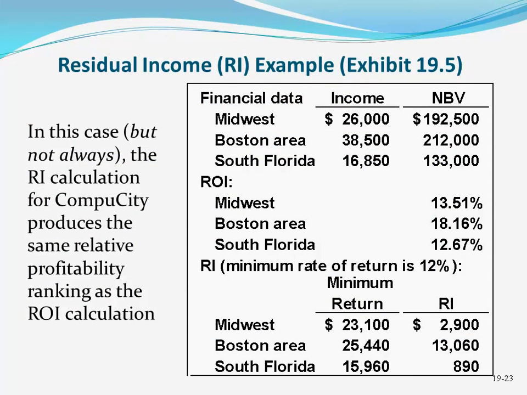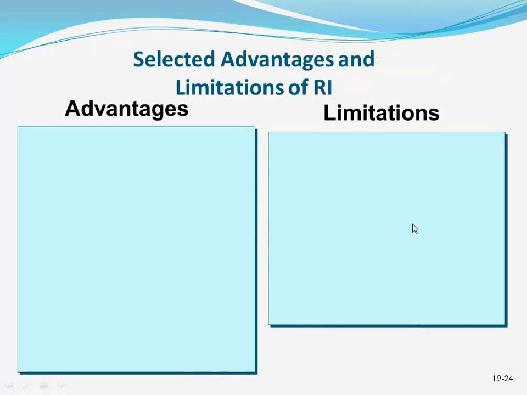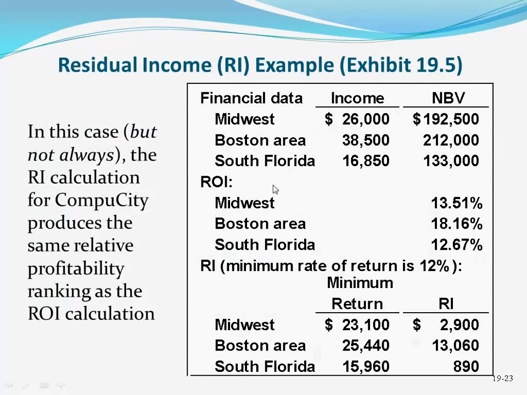So now if we look at all the regions based on net book value for the investments, the incomes are given, so that's the way the ROIs were calculated. And now the RIs are calculated. Well, we calculated for the Midwest.